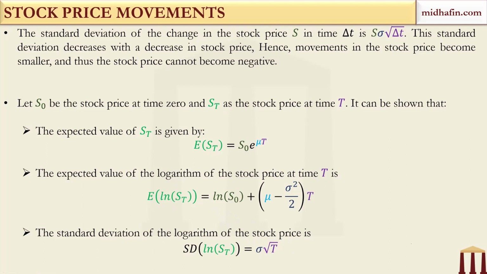Return means ST by S0 minus 1. In case of return, the logarithm of the stock price ratio is taken into consideration. Here, the logarithm of stock price is taken into consideration. So ln of ST is not the return distribution. Be clear. It's simply the logarithm of a stock price, which is normally distributed.